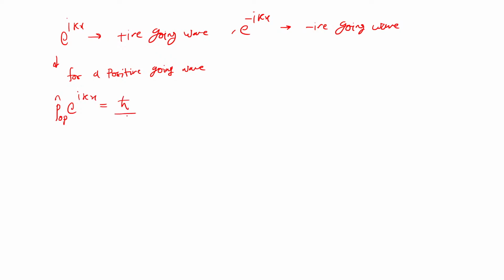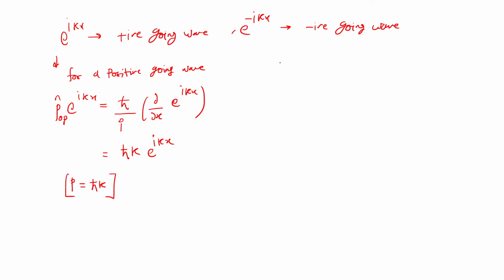H cut over iota, del over del x, exponential of iota kx. We have to solve this. So what will it be? H cut k, iota k will come out, but iota and iota will cancel out, so only h cut k, and exponential of iota kx will remain. So the P value here is h cut k.